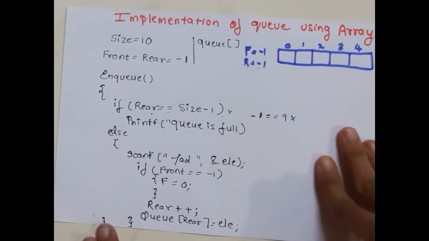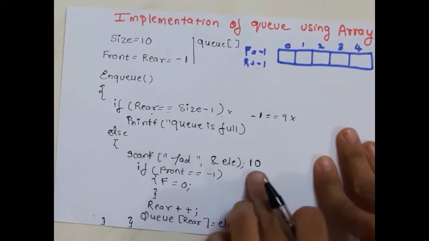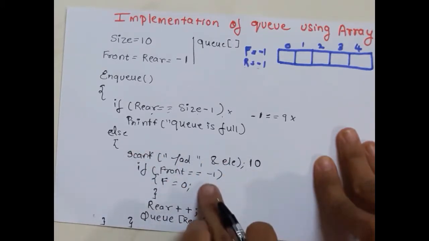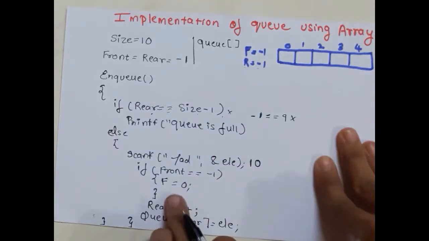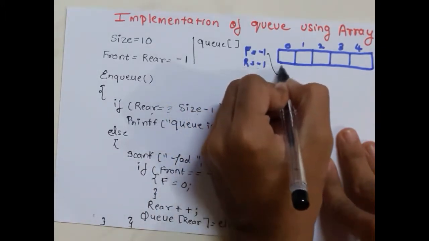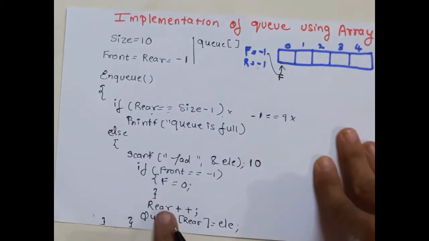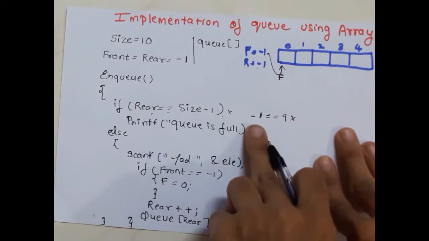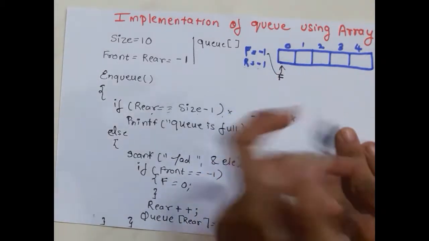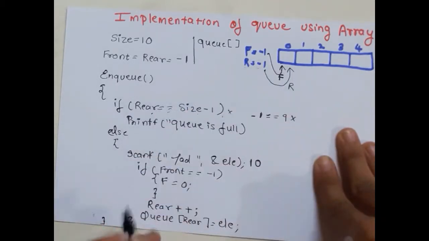For example, if we want to insert 10 into this queue, we will scan and read this element 10. Now front is at -1, so we will set front to 0. Now front will be pointing to this position, front will be at 0. And now rear plus plus. Rear is -1, so rear will be pointing to 0.